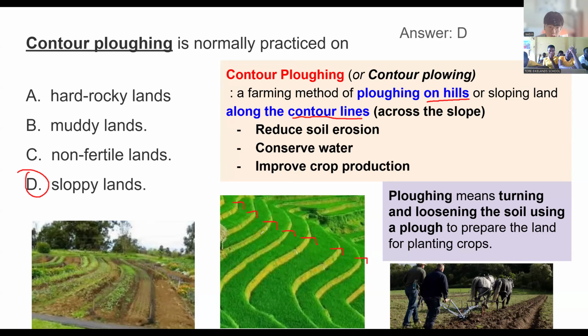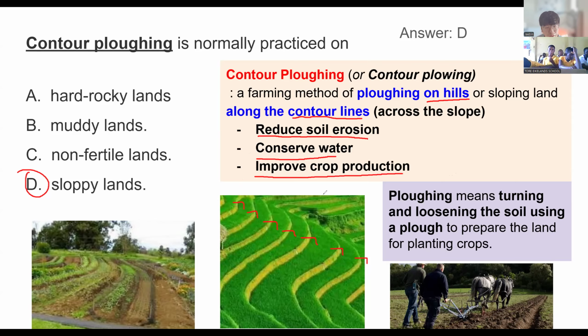So you're kind of drawing out step-by-step farming land, and that is called contour plowing. It is helpful because it reduces soil erosion, it conserves water better, and it helps improve crop production.